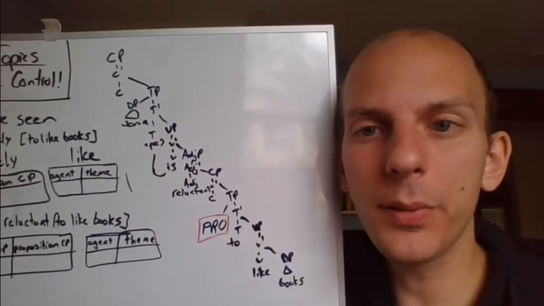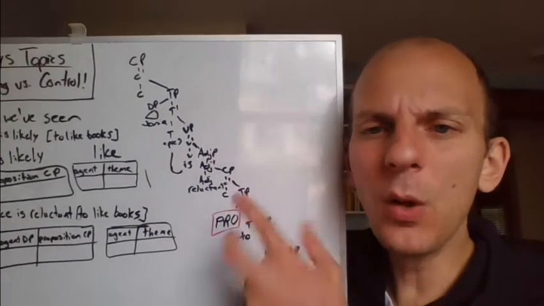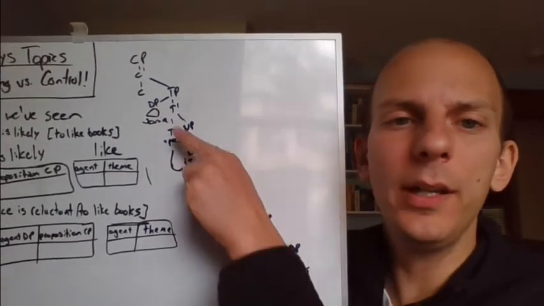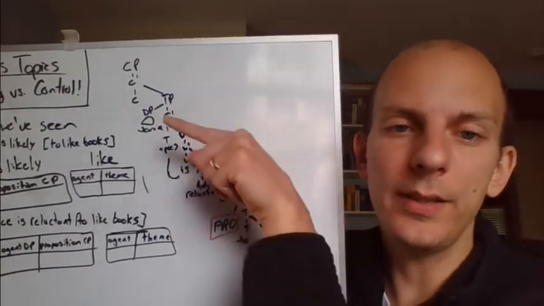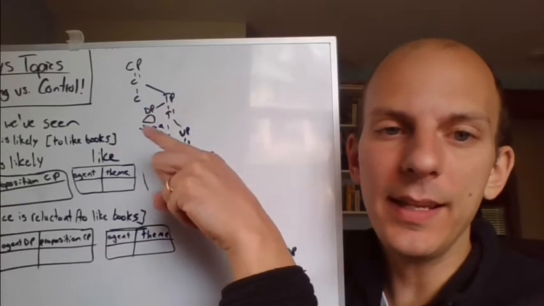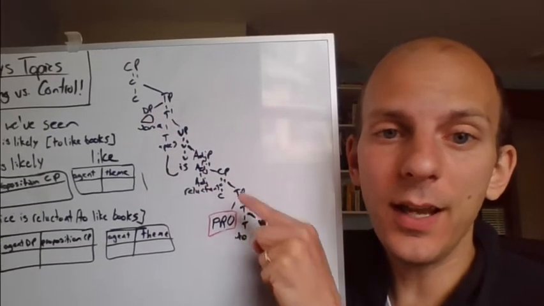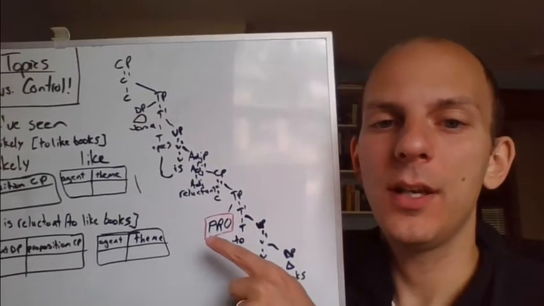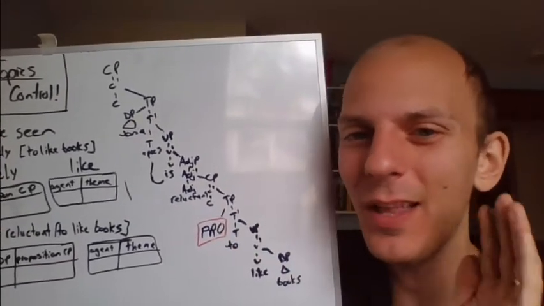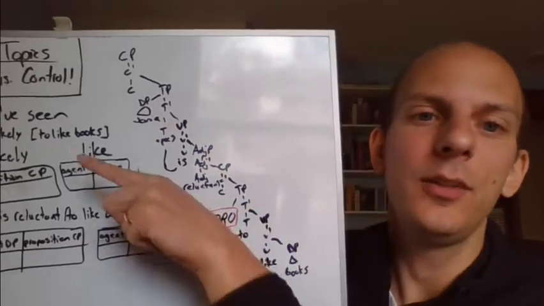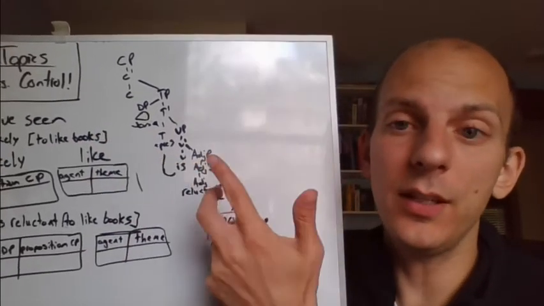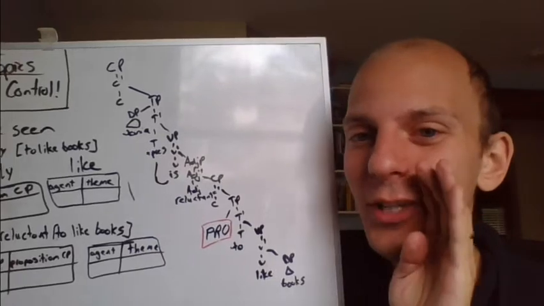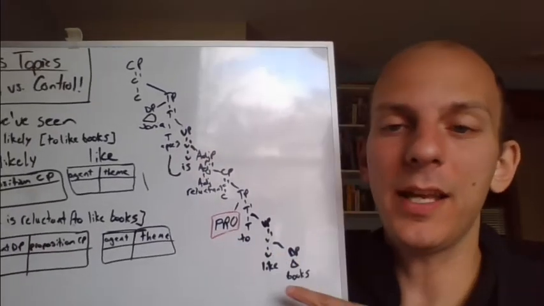It's a null pronoun, essentially. Why pronoun? Well, we want it to be sort of co-indexed with Janus. Because what this is saying is, Janus is reluctant, Janus, to like books. And so this big PRO is that null, that whispered Janus. Janus is reluctant because she is. She's reluctant. What is she reluctant? Janus, for herself, to like books.